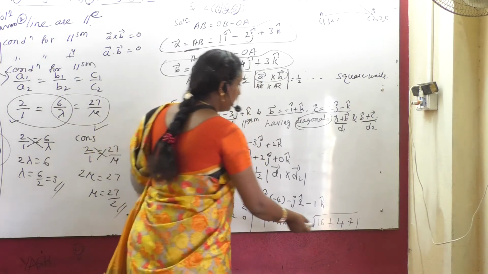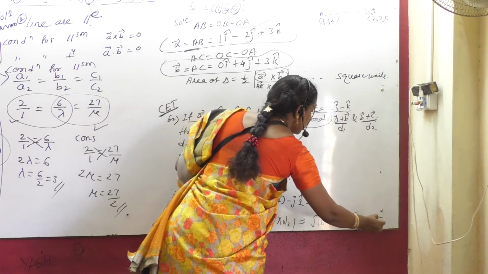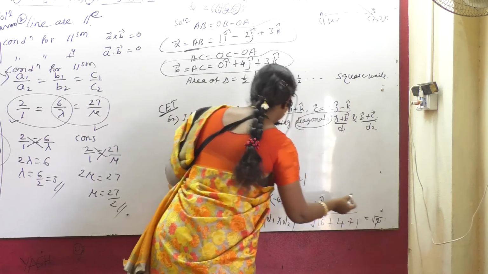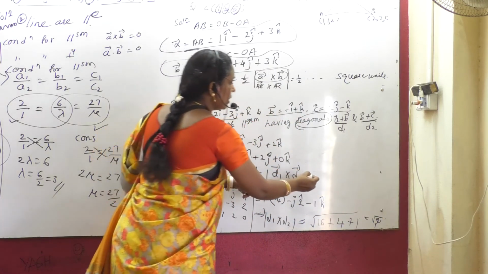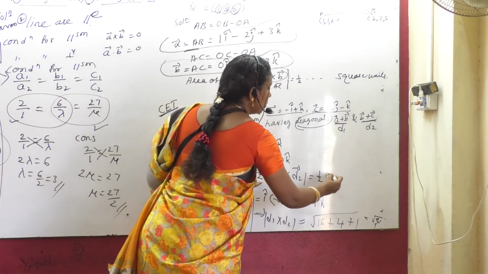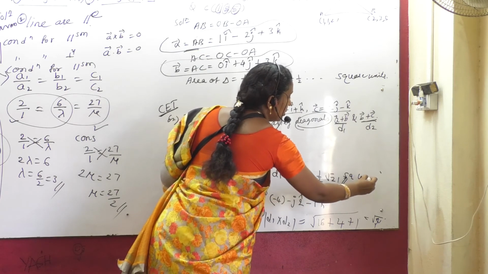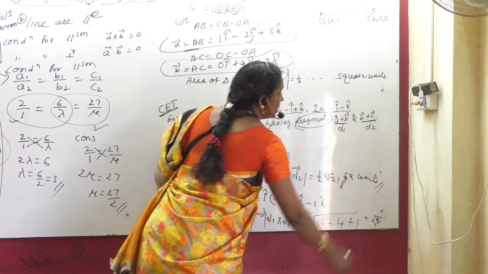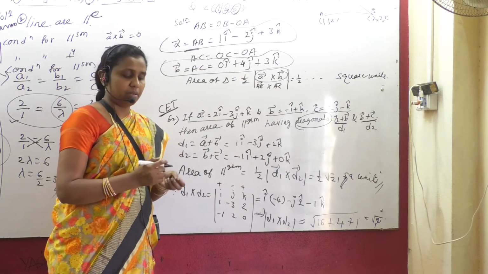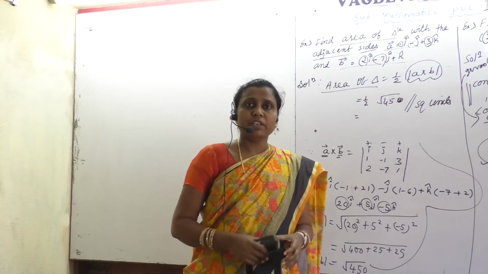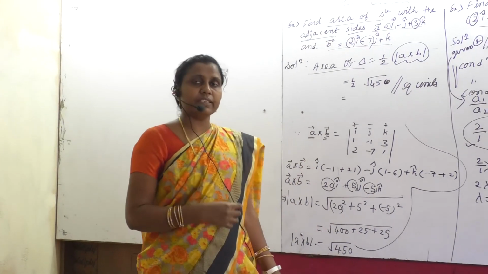So what will I write here? Root 21. This I will take here: 1 by 2 into root 21 square units. Got it? So this is the area of the parallelogram.